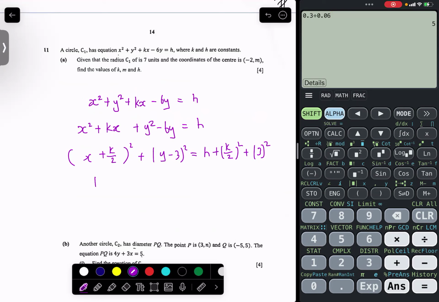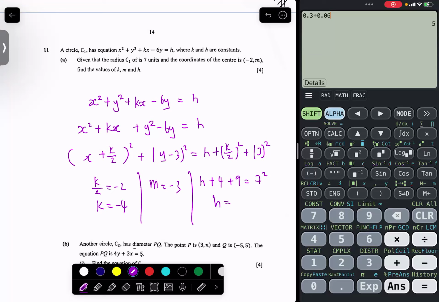So that means k/2 equals −2, so k equals −4, first part. The center is m, so m equals −3, second part. So we have h + 4 + 9 equals 7².